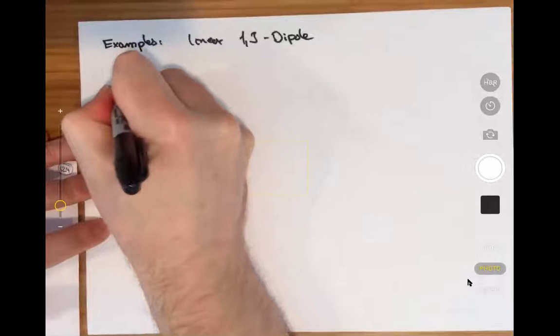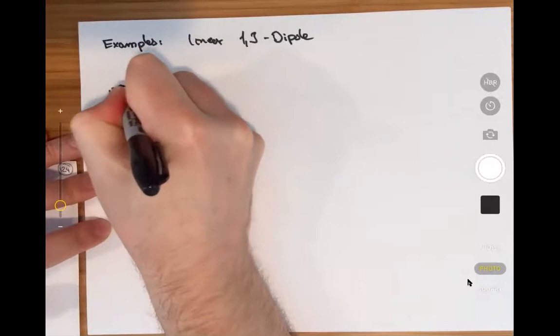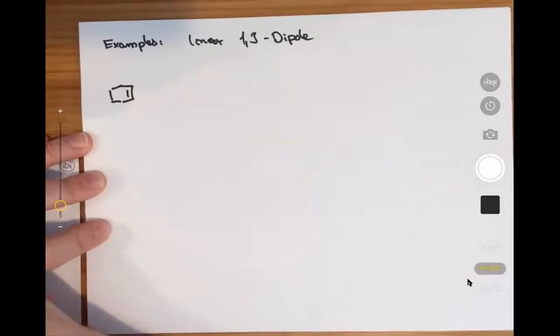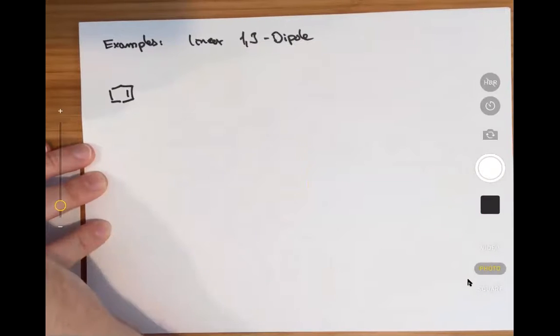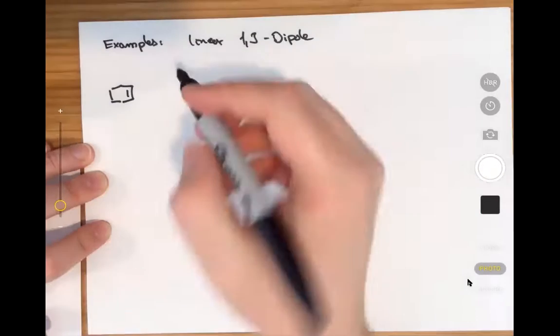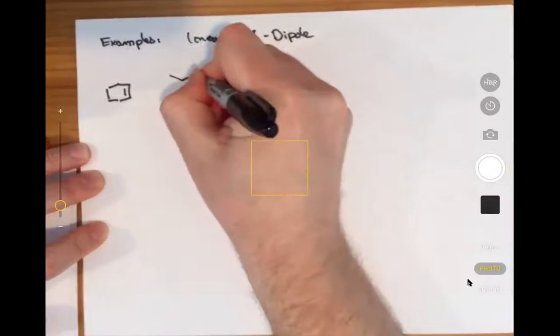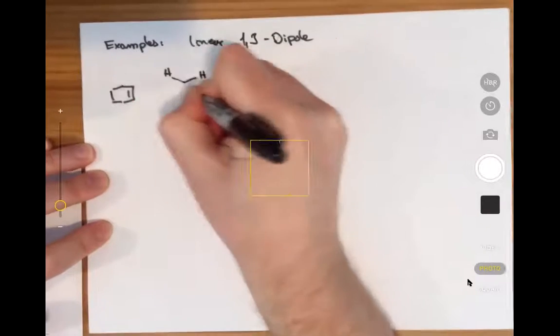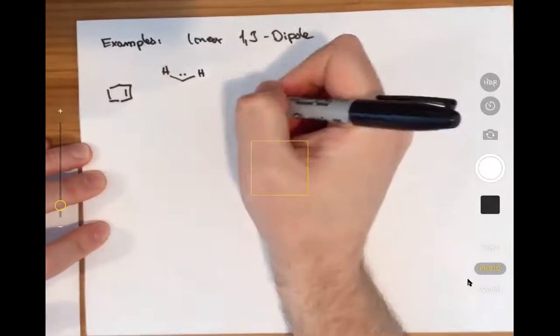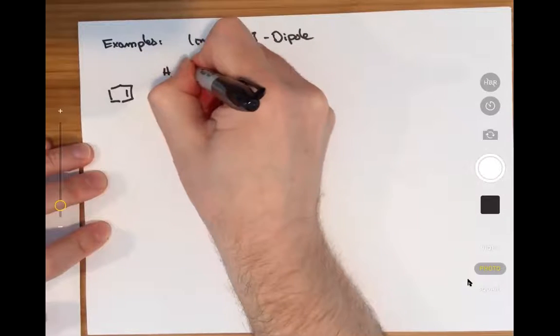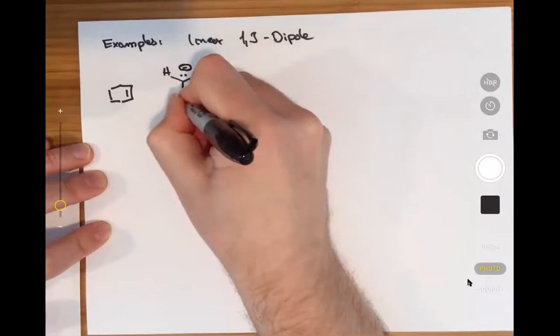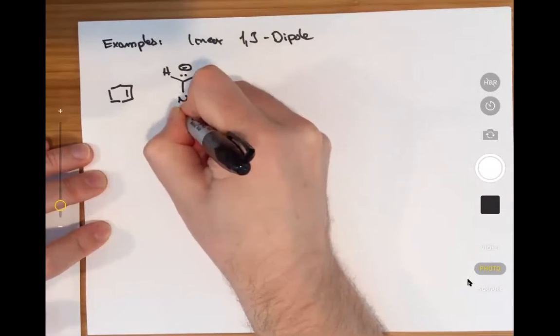So let's pick our cyclohexene again, because it was a nice building block. And the linear 1,3 dipole that we're going to use in this case is diazomethane. So this is basically a molecule with a methylene group, and you have a negative charge here, and then you have nitrogen attached to that.